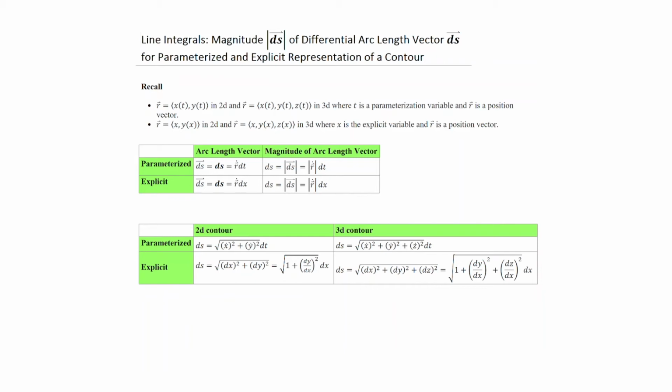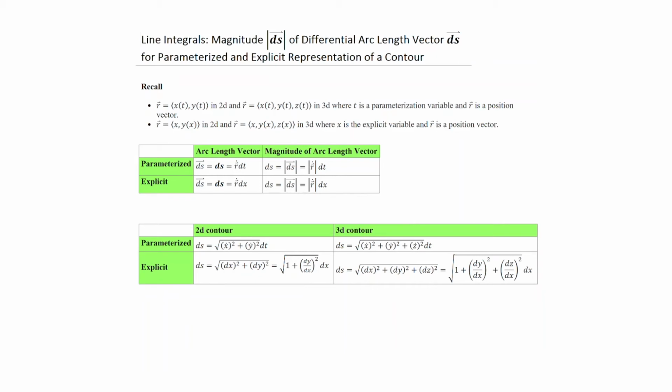So for ds parameterized, the arc length vector was r dot dt, and you can obtain that from 2 slides back. The magnitude of that would be ds, and that would just be the magnitude of the vector r dot dt. In the explicit case, it'd also be r dot, but in this case, the variable of interest is x.